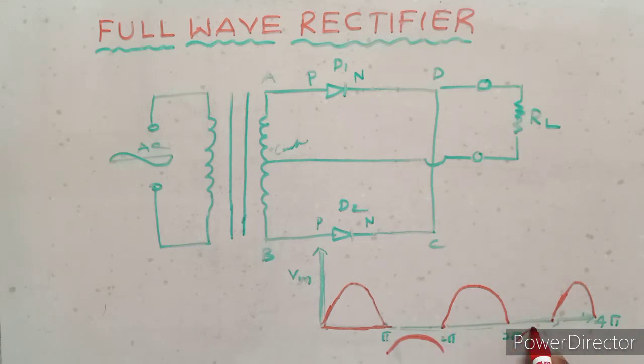So this is allowed, this is not allowed, this is allowed. So in the same graph, different cases are shown.